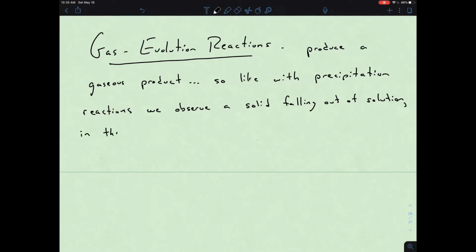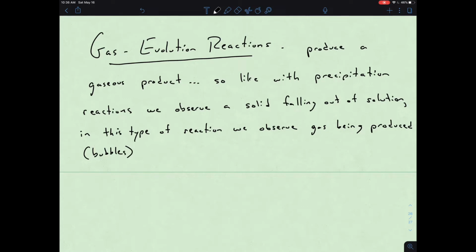In this type of reaction, we observe gas being produced. Namely, we see bubbles. Right, so that's the idea.